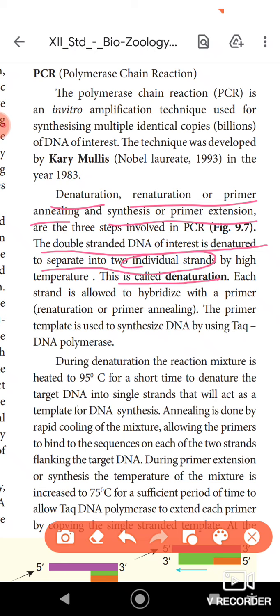Now, the second step is called the annealing process. Annealing processல வந்து என்ன செய்கிறாங்கன்னா, அந்த டபுள் ஸ்டாண்டர்ட் டிஎன்ஏ சிங்கிள் ஸ்டாண்டாக மாற்றினாங்க இல்லையா, அப்போ ஒவ்வொரு சிங்கிள் ஸ்டாண்டையும் வந்து டபுள் ஸ்டாண்டாக மாற்ற போகிறாங்க. முதல்ல என்ன செஞ்சாங்க? Double stranded DNA is converted into two single stranded DNA, isn't it? Those two single stranded DNA again are converted into double stranded DNA.